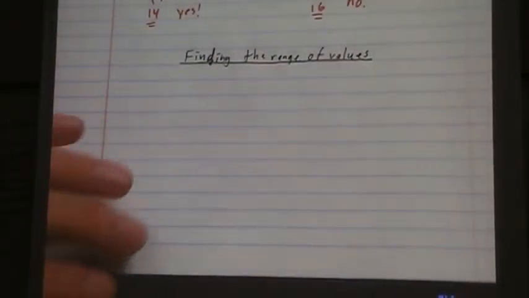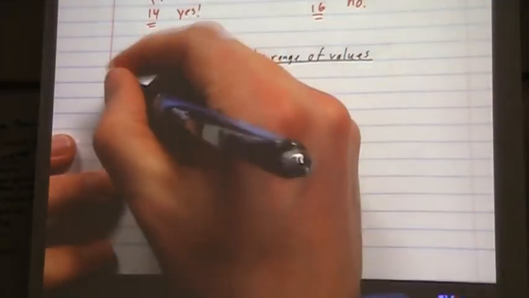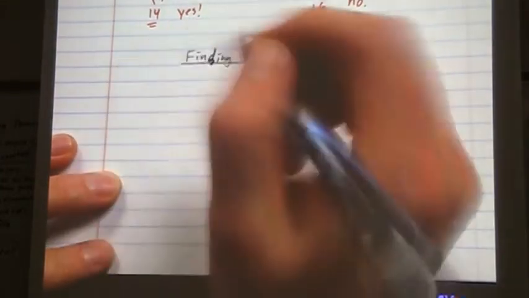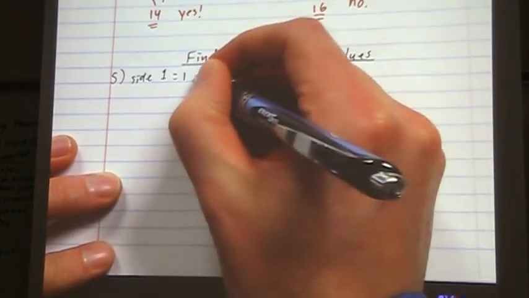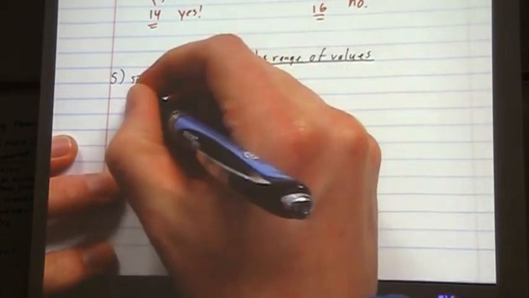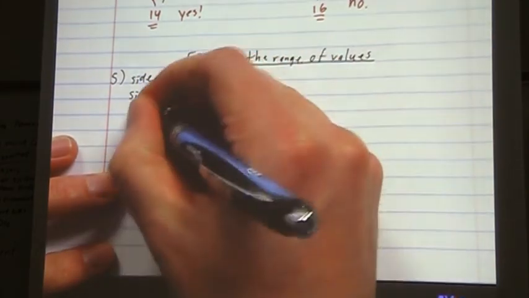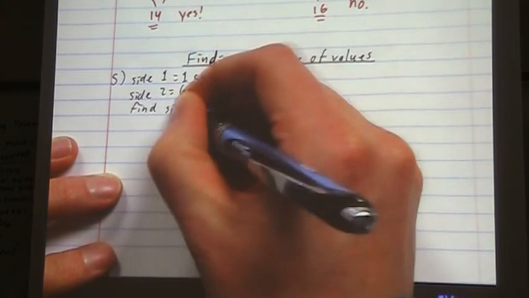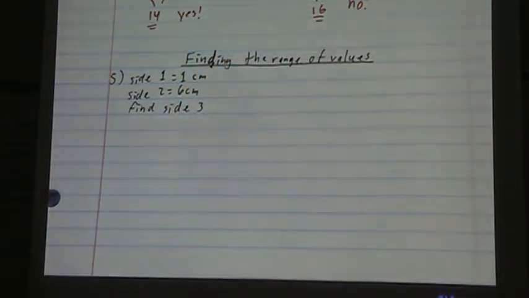So finding the range of values, it could be something like, actually I'll just pick a couple here. Side 1 equals 1 centimeter. Side 2 equals 6 centimeters. Find side 3.